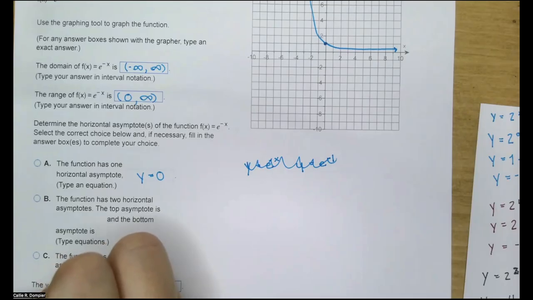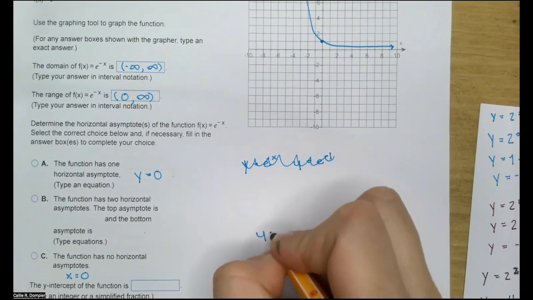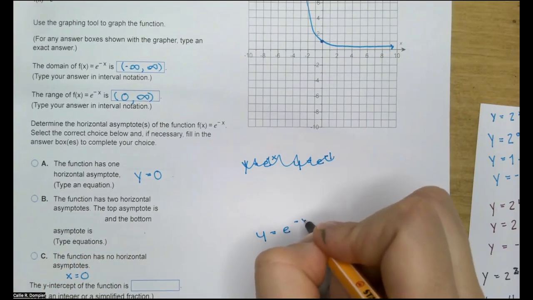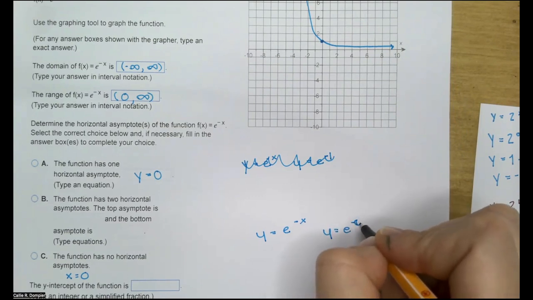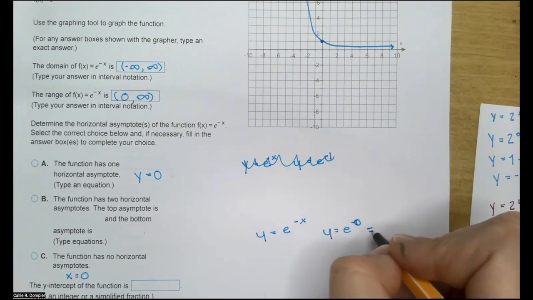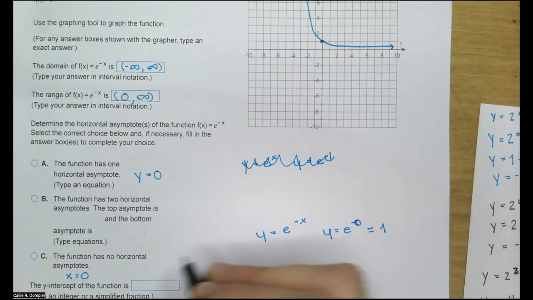The y-intercept is where x is equal to 0. Y equals e to the power of -x, so y equals e to the power of -0. But -0 is just 0, and anything to the power of 0 is 1. So the y-intercept is just 1.